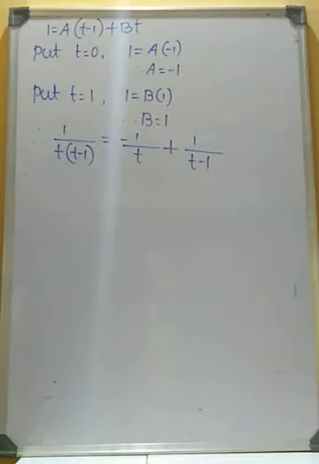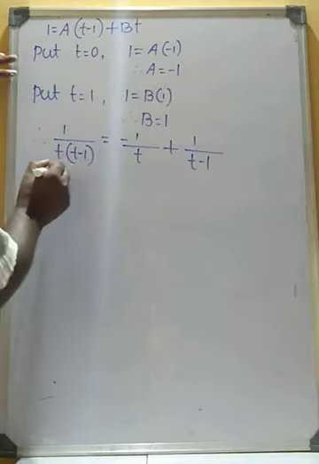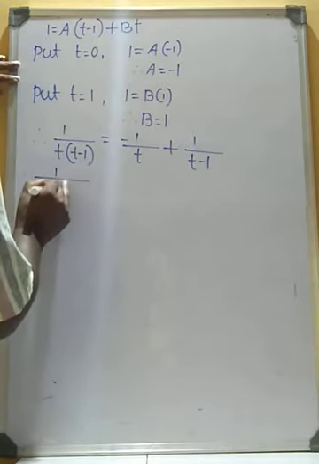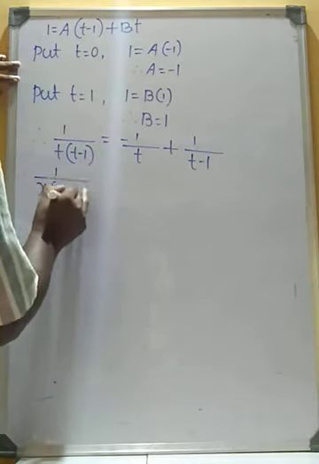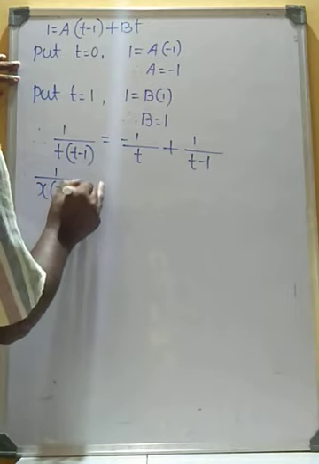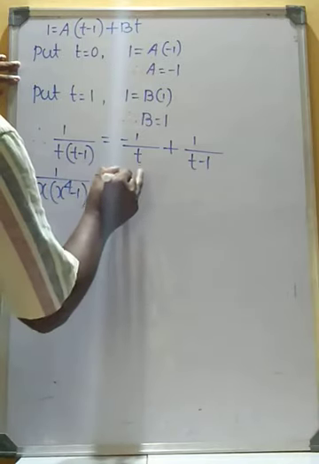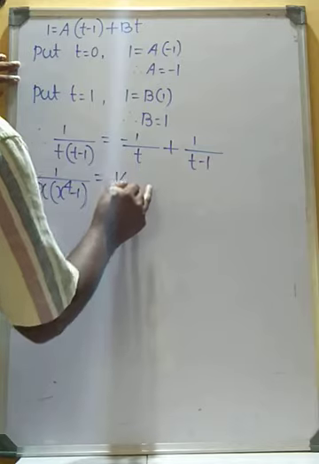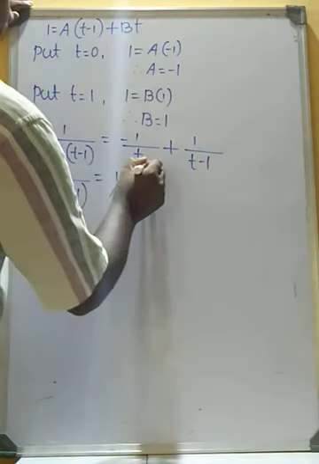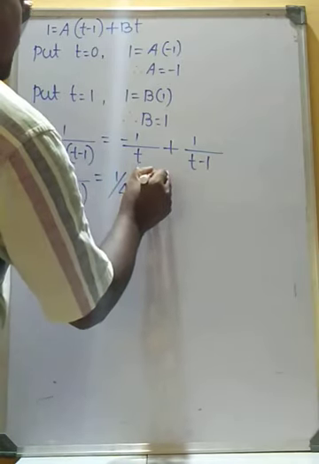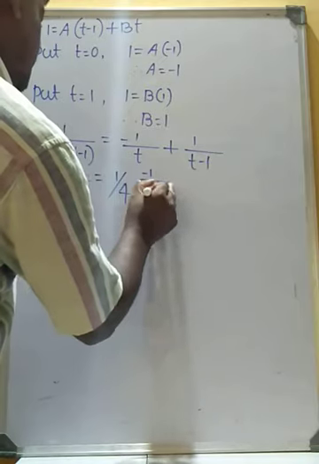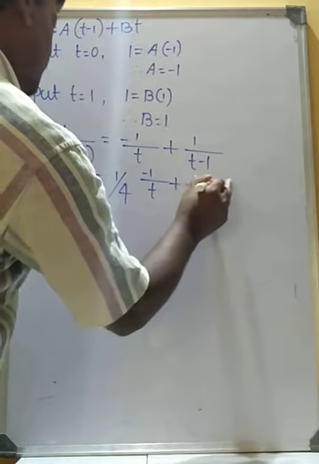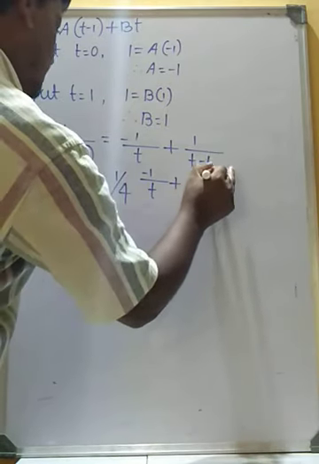So therefore 1 divided by x into x to the power of 4 minus 1 equals 1 by 4 into minus 1 divided by t plus 1 divided by t minus 1.